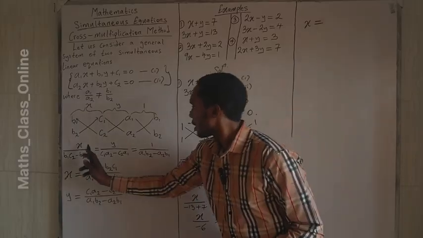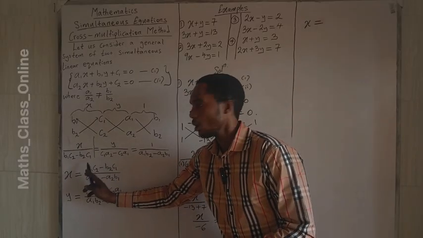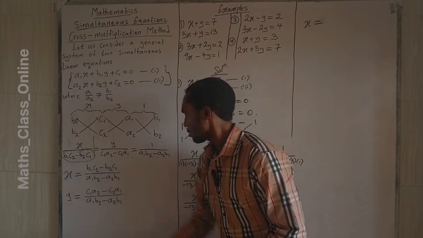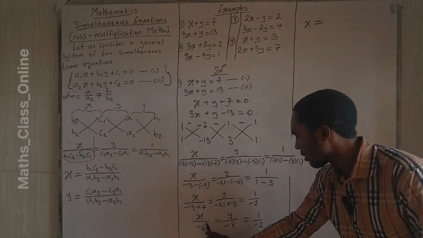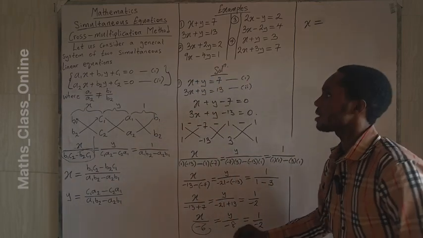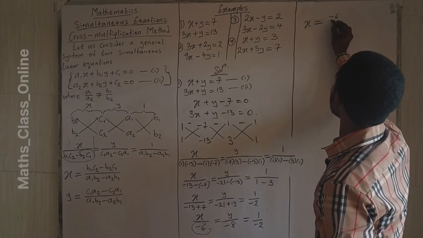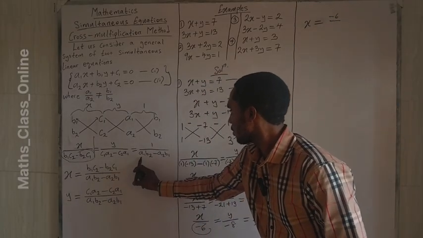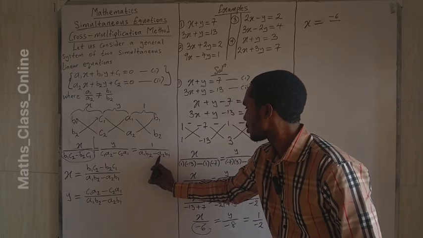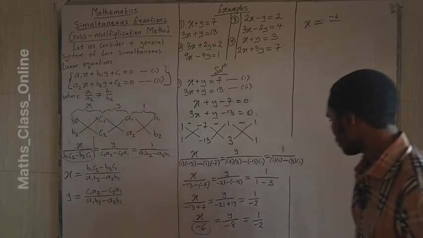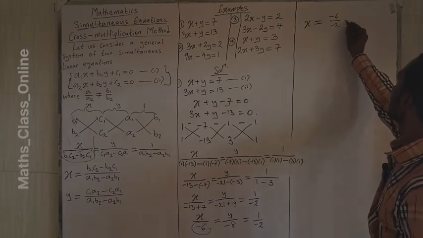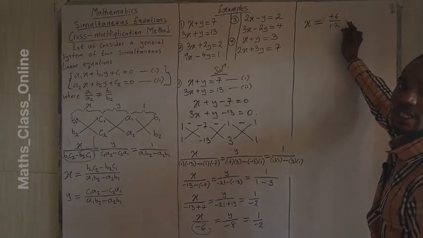Now, this is the fraction of x. What do we have at the denominator here? That is minus 6. Minus 6 over, you can see that what is here is a1 b2 minus a2 b1, and that is over minus 2. Minus 2. And this equals 6 divided by 2.